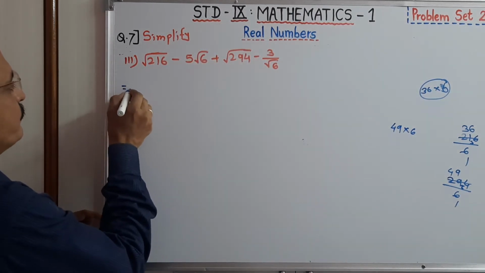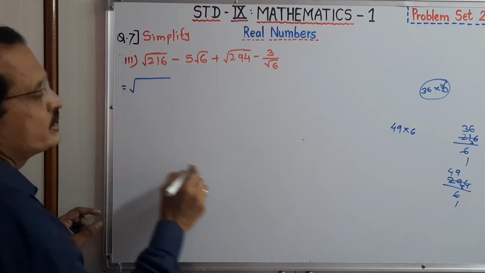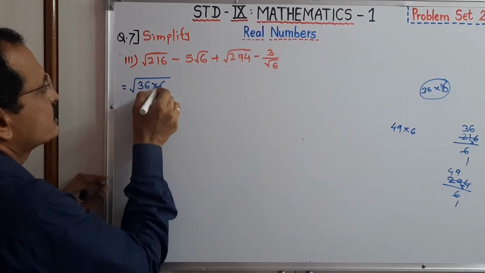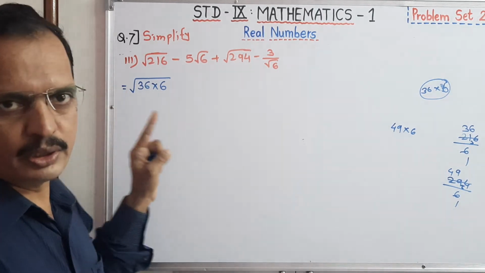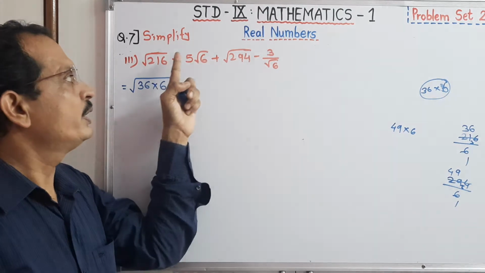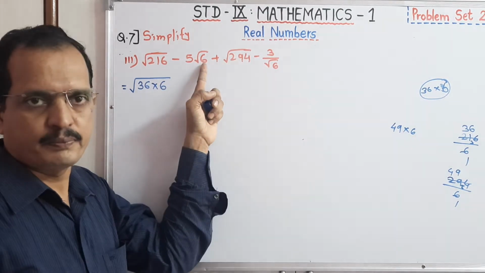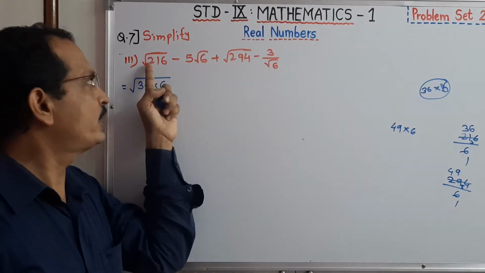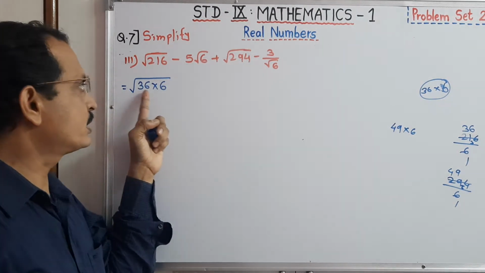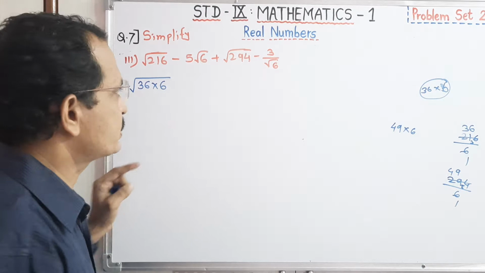Now see here. 216 means 36 into 6. Got it? How did I get directly 36 into 6? Here root 6 is there, and therefore I divided 216 directly by 6. We got here 36 into 6. 36 is the perfect square.